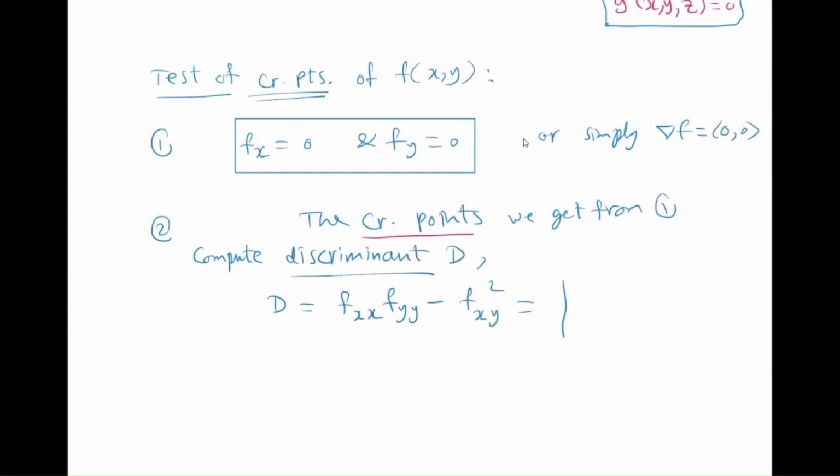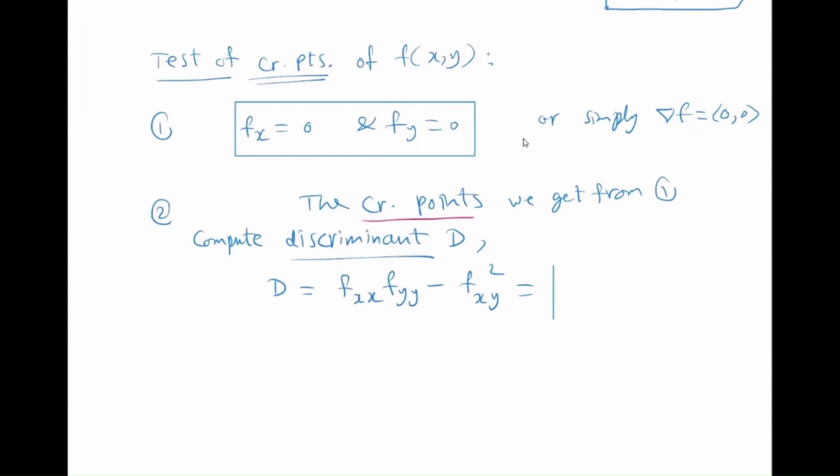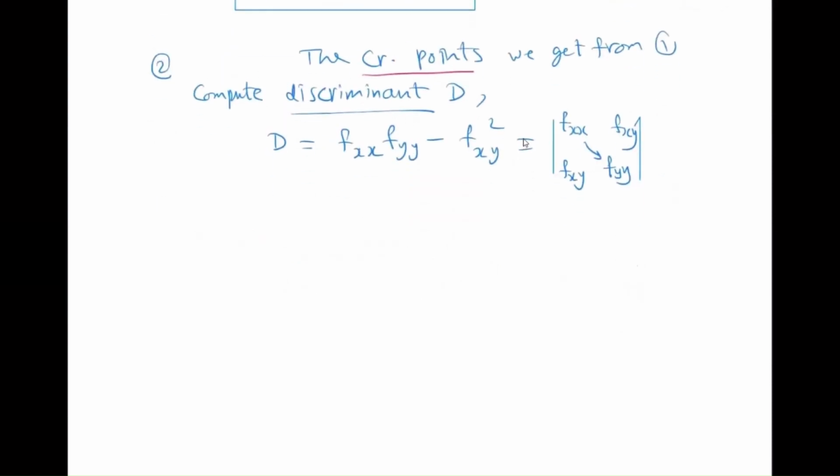You can write it this way to make it easy to memorize: the determinant, fxx fyy, multiply them first, minus fxy repeated. Of course, fxy equals fyx if the function has continuous partial derivatives, as you know from section 3.